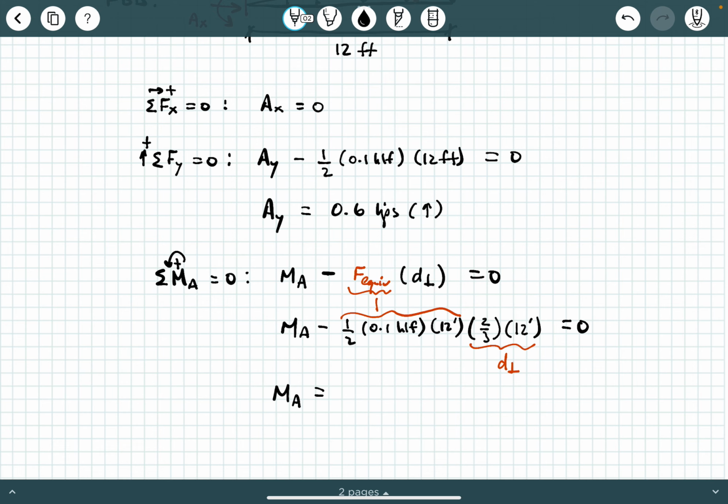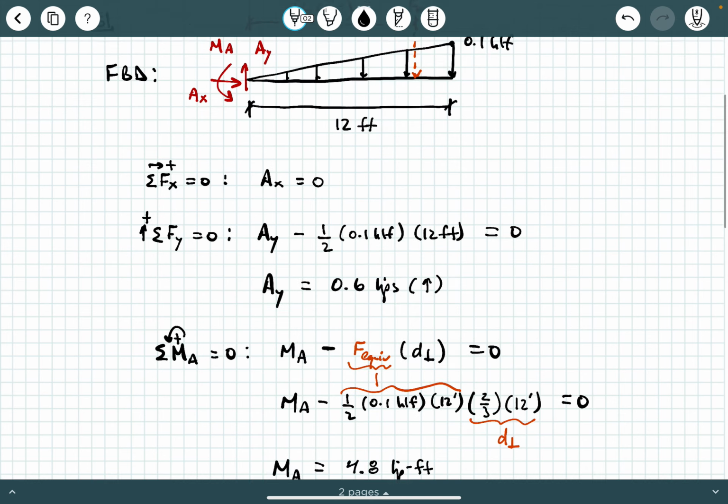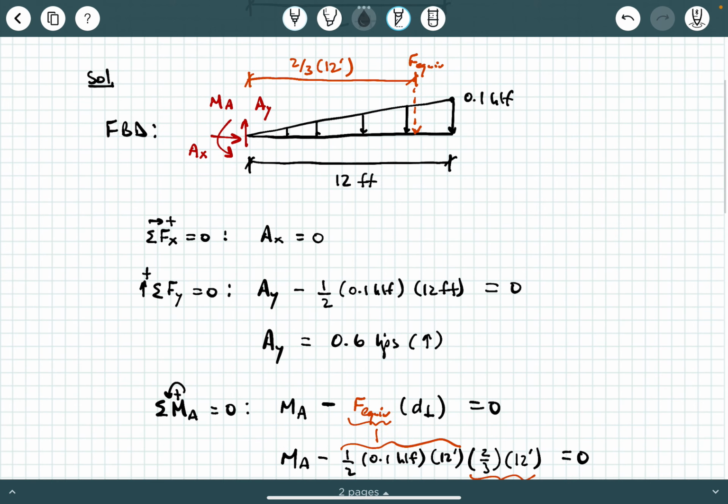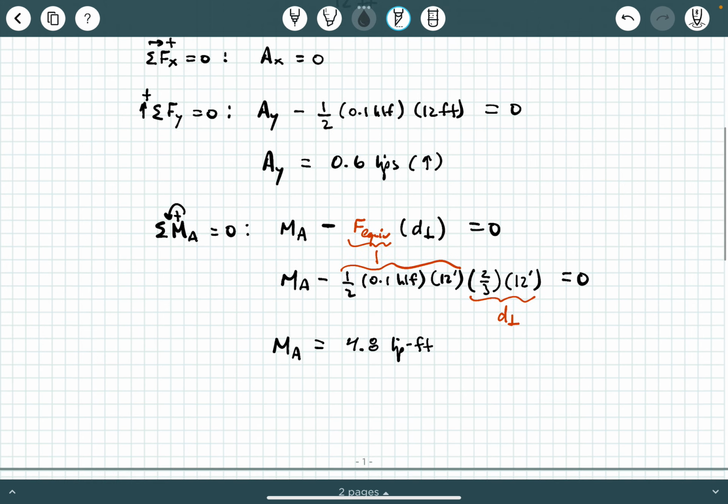So I get 4.8 kip feet as my reaction. Now, it came out positive, which means that MA is in fact reacting in the direction I assumed in this free body diagram here, so counterclockwise. It's reacting in a counterclockwise fashion because it came out positive.